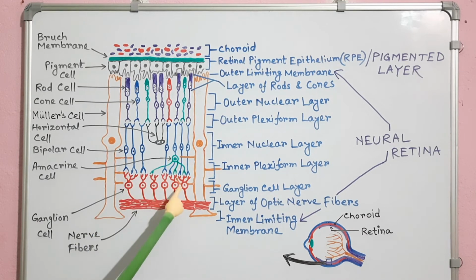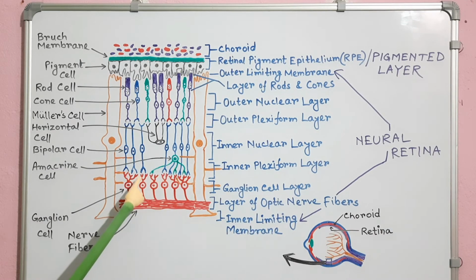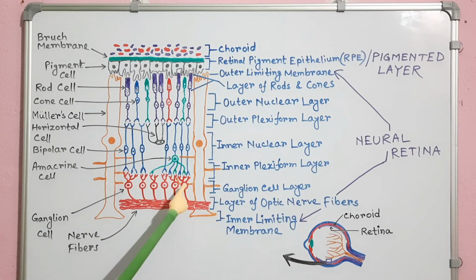They are the third order neurons in the visual pathway. They are the bridging neurons that connect the retinal input to the visual processing centers within the central nervous system. So, in this layer, the cell bodies or nuclei of ganglion cells are present. This layer is known as ganglion cell layer.